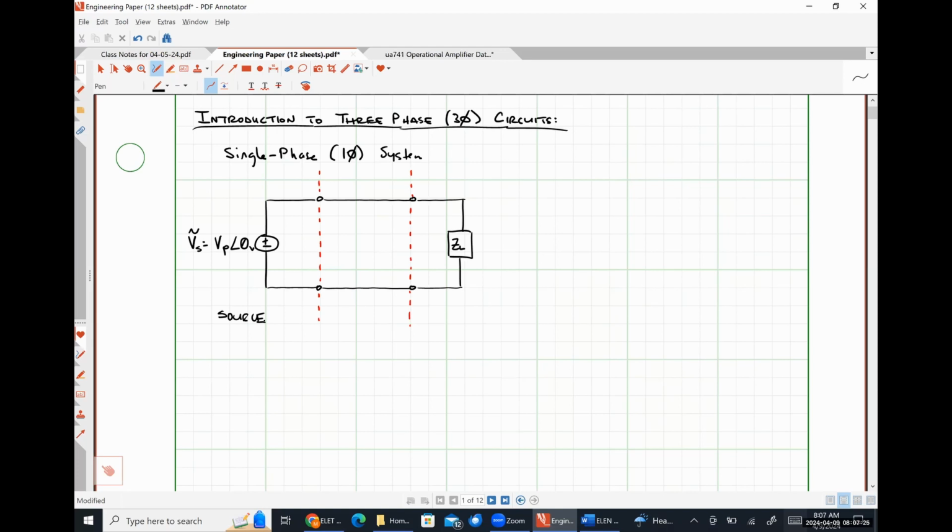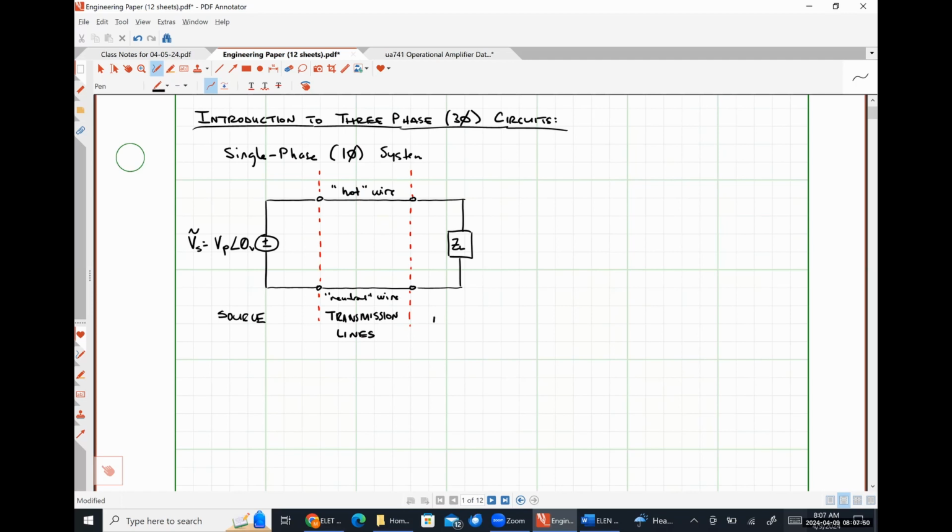In the middle, we have what I am going to call transmission lines. In a single phase system, we typically have a single hot wire for each circuit and a single neutral wire for each circuit.